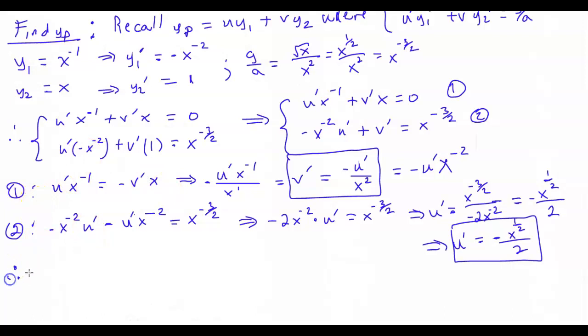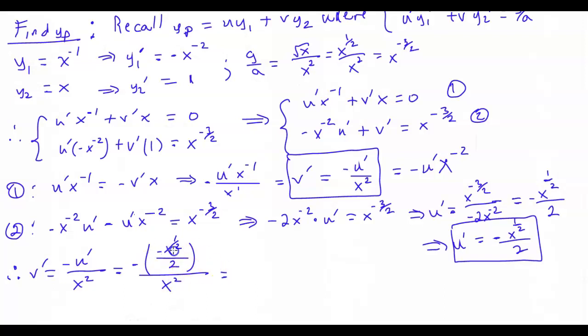We know that v prime is basically negative u prime over x squared, and this will be minus x raised to the positive 1/2, all that over 2, divided by x squared.